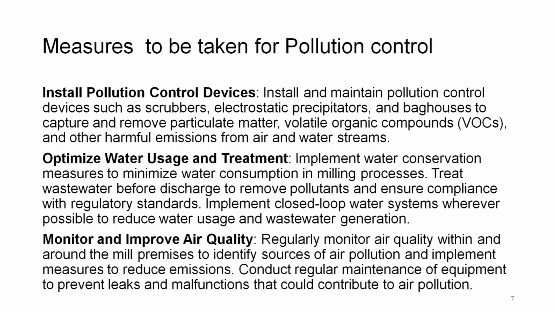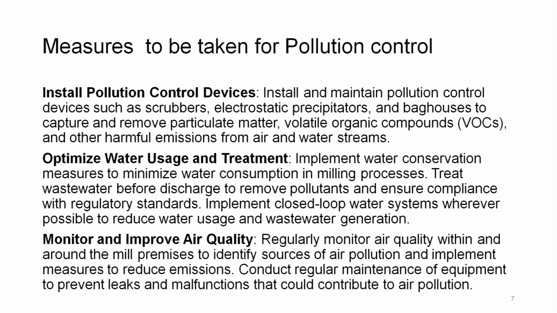Monitor and improve air quality. Regularly monitor air quality within and around the mill premises to identify sources of air pollution and implement measures to reduce emissions. Conduct regular maintenance of equipment to prevent leaks and malfunctions that could contribute to air pollution.